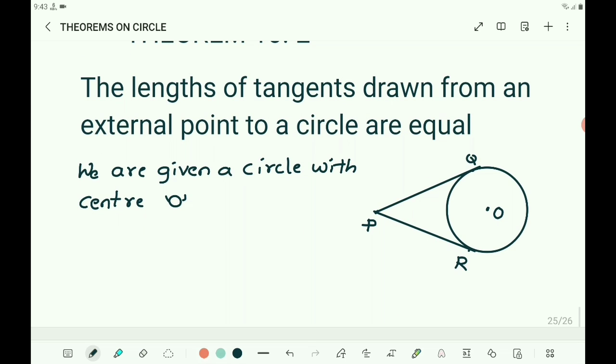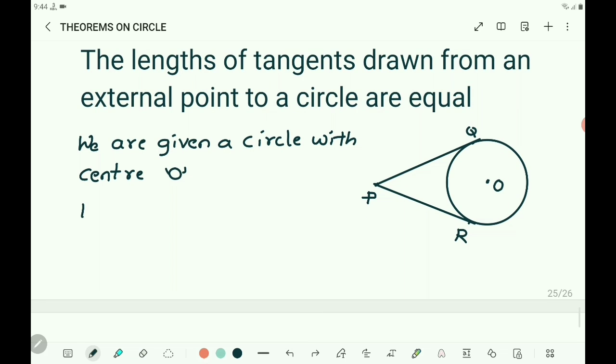Here the word external point is there, so P is an external point, or P is a point lying outside the circle.